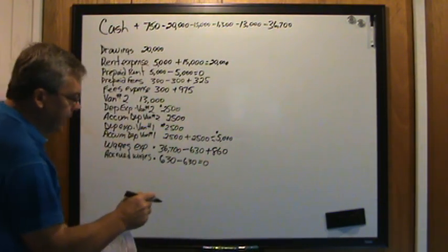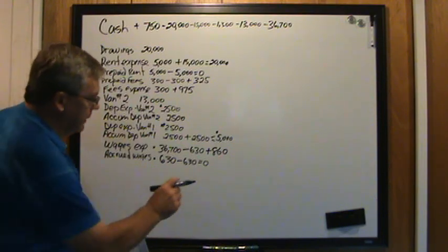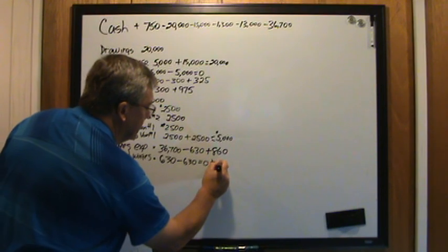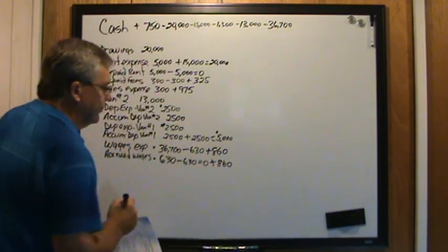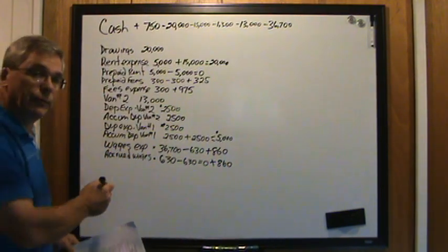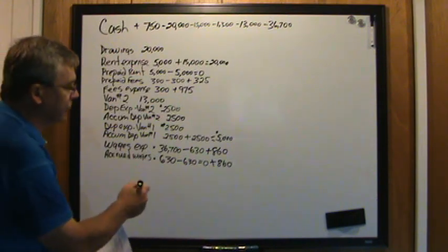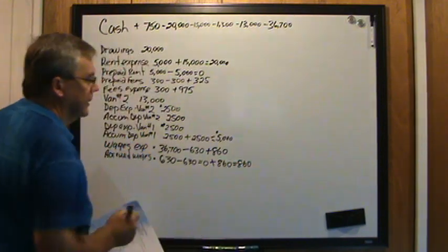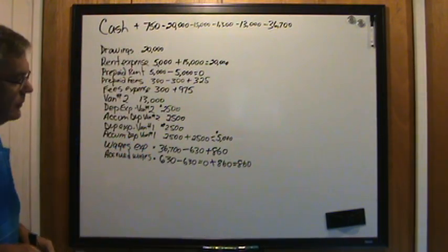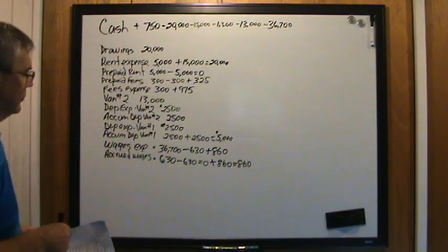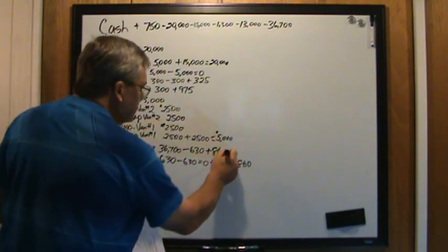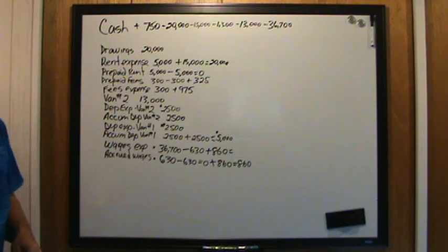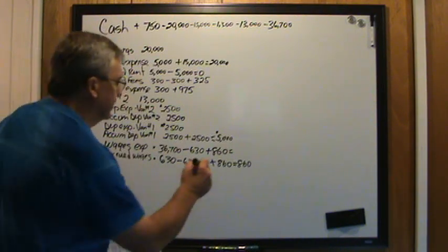And accrued wages for the next year are going to be, we have to add that $860 because it's in the same situation this year as the $630 was. So the balance of that account at the end of 2010 is $860. The balance for the wage expense is $36,930.